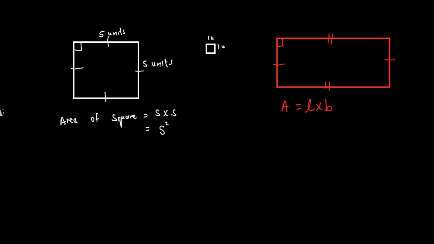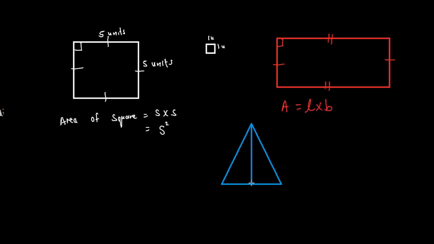If I look at a triangle, before I go on to the circle, we have a base and we have a height. Let's assume this is the height. The height is always perpendicular to the base of the triangle.